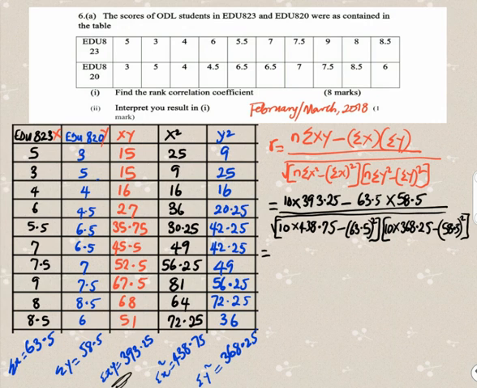All right, let's move on. 10 times 393.25 will give 3,932.5 minus 63.5 times 58.5.